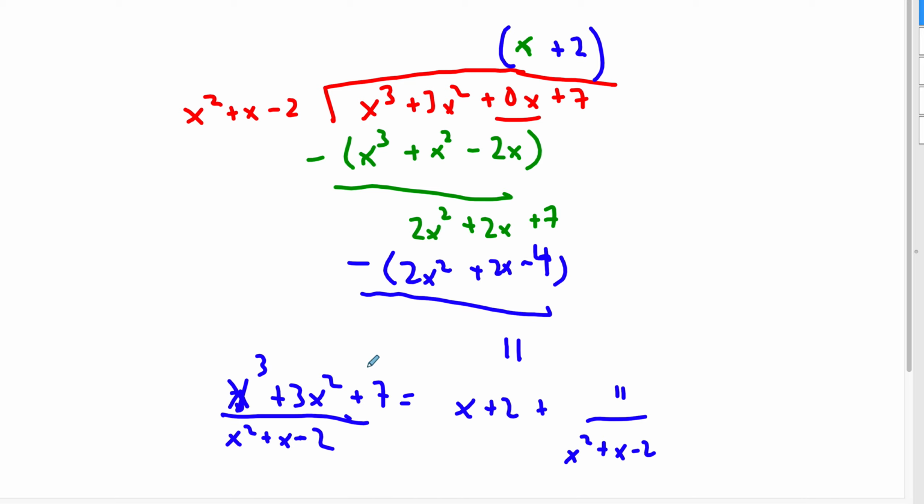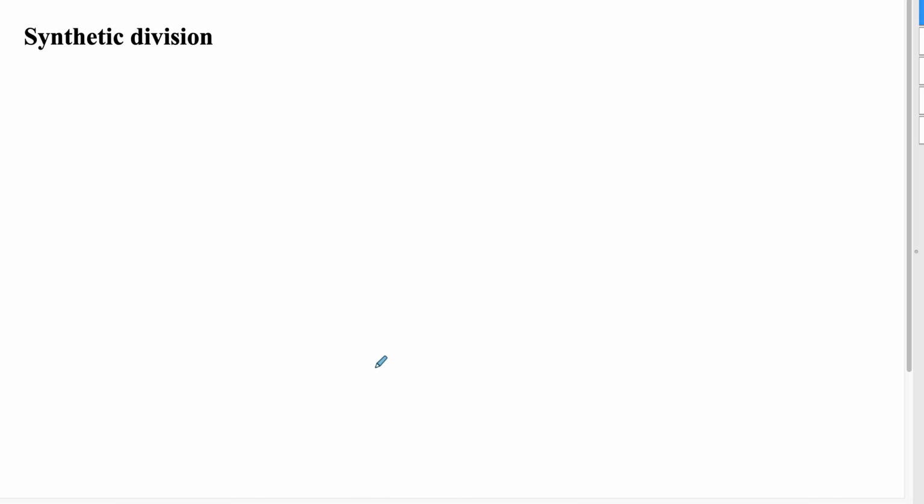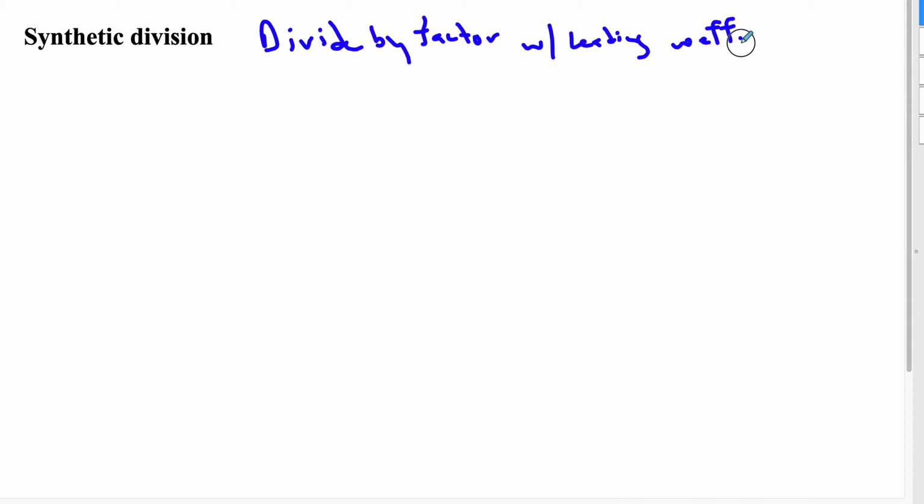All right, so now let's talk about synthetic division. Synthetic division is a way to divide by factors with a leading coefficient of 1.